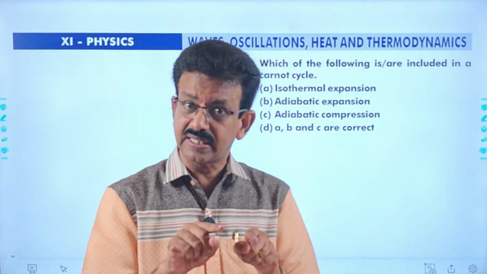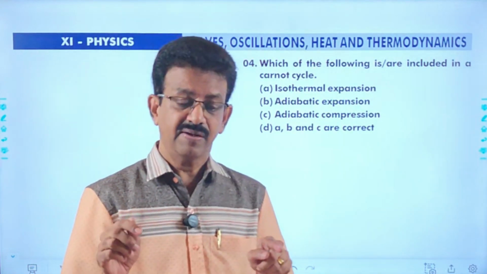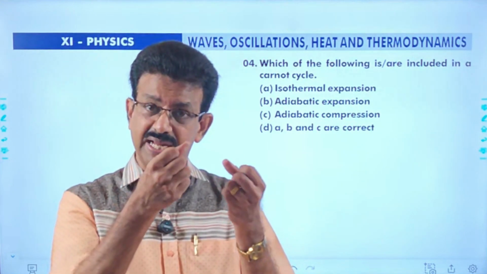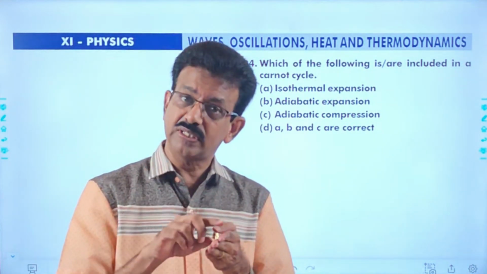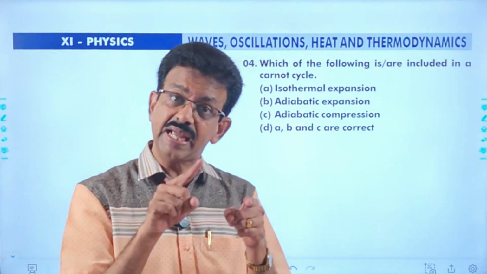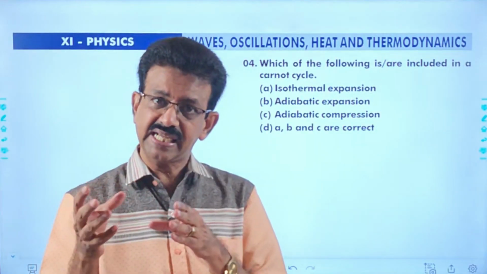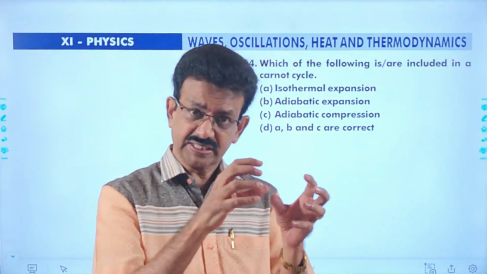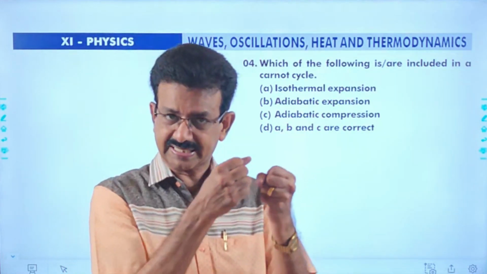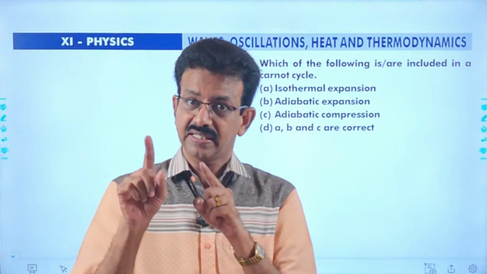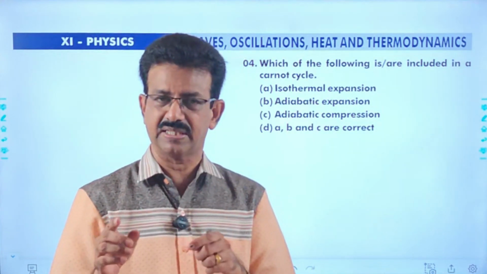But for a Carnot engine, it should have an infinite thermal capacity, meaning we can accept any amount of heat from that source. It's an ideal condition. Then the sink, a cold reservoir of infinite thermal capacity, means it can accept any amount of heat rejected by the working substance. The source can donate any amount of heat to the working substance, and the sink can accept any amount of heat rejected by the working substance.